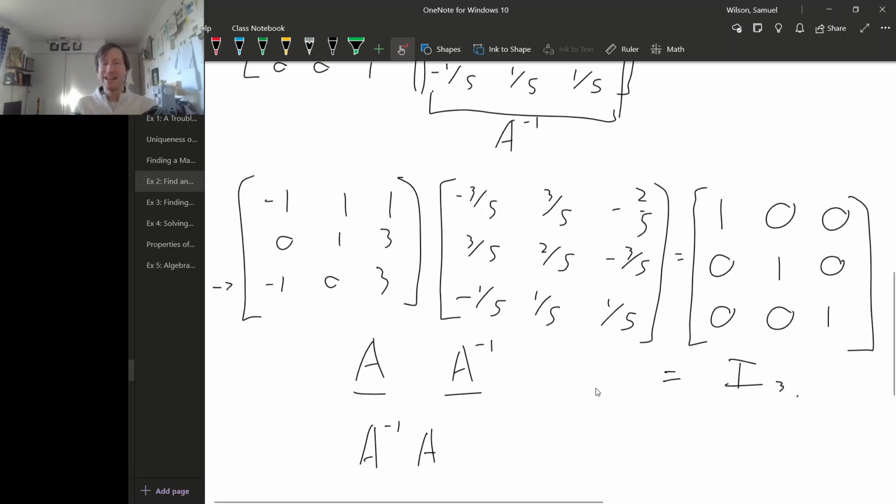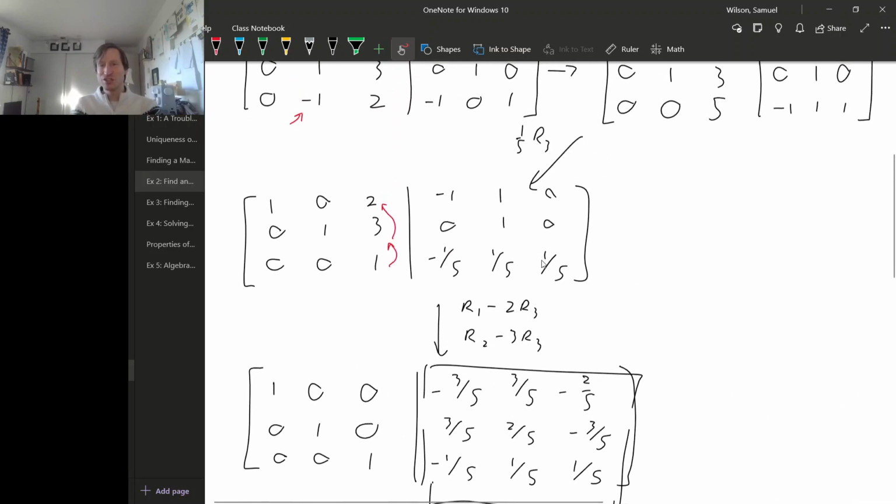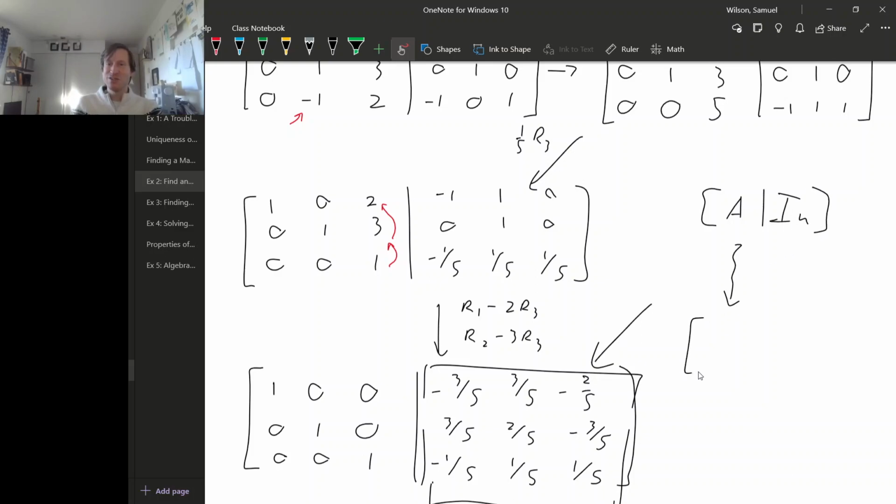So we see that this row reduction trick really did let us find A inverse. When you're done reducing A augmented with the identity down to the identity augmented with something, what shows up right here is the inverse matrix.